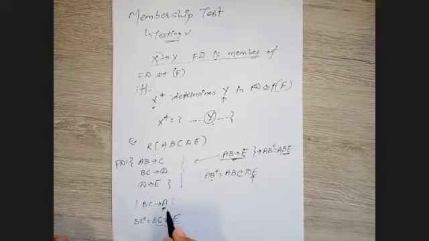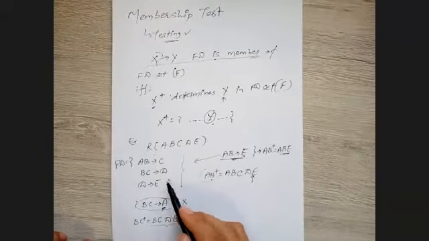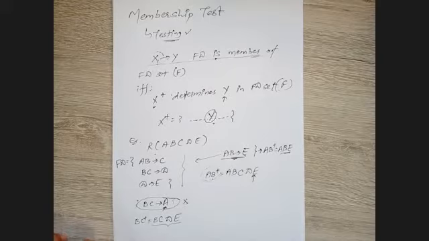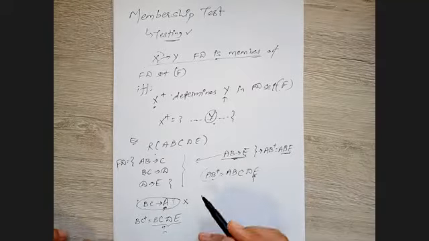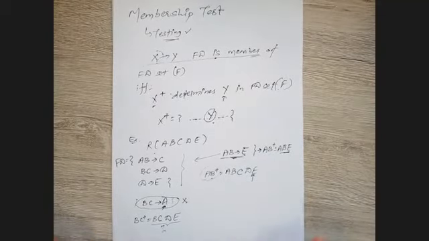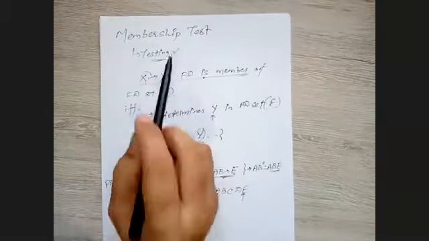So it means this functional dependency cannot be a part of this functional dependency set, since A is not present here. In this way, we identify whether a functional dependency is a member or not. This is your so-called membership test.